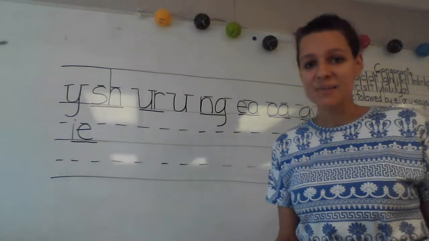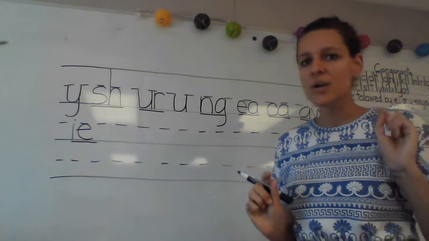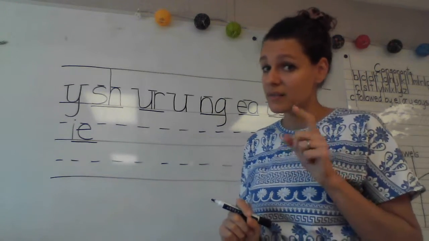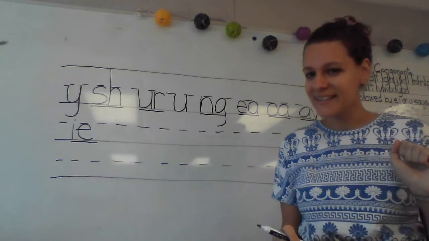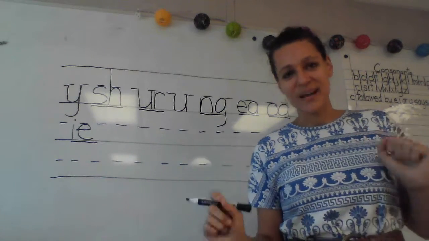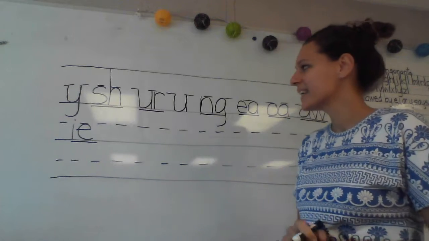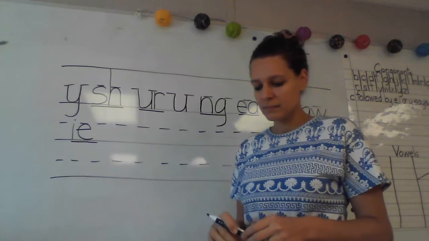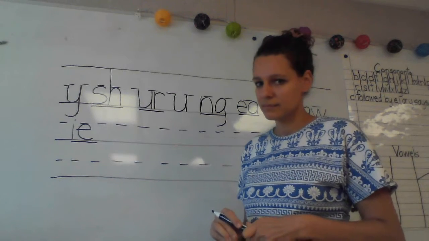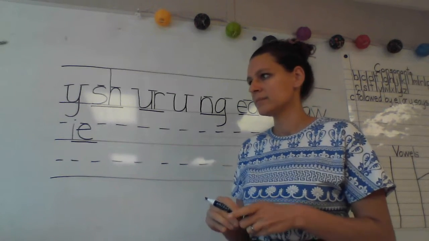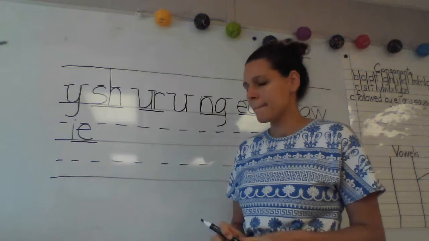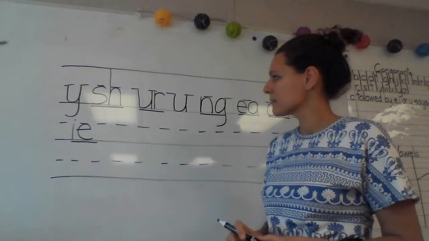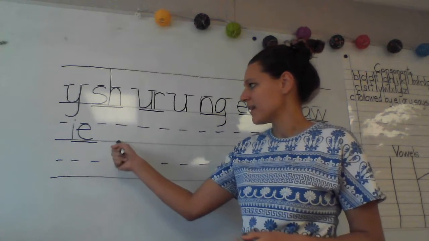All right, our last one is G, 2-letter G, always followed by a vowel. What are you going to write? Great, write it and say it while you write it. I'm going to leave a clock space.